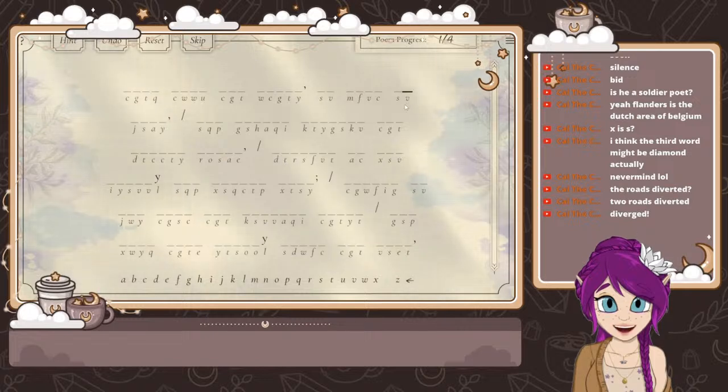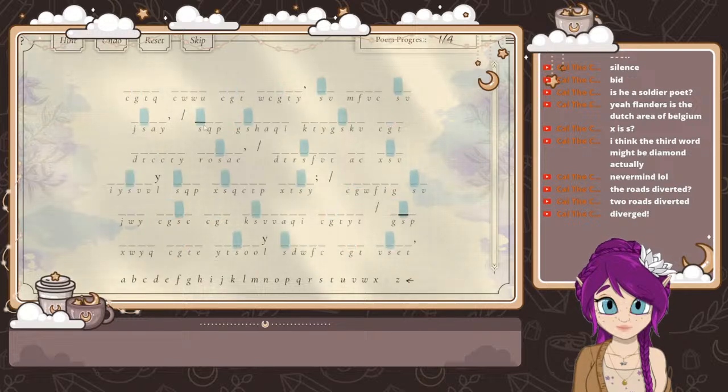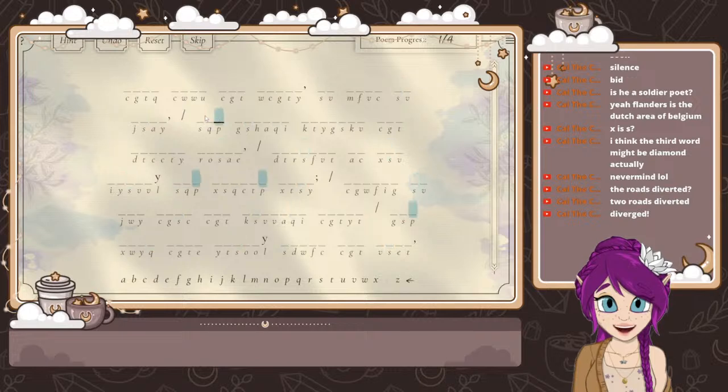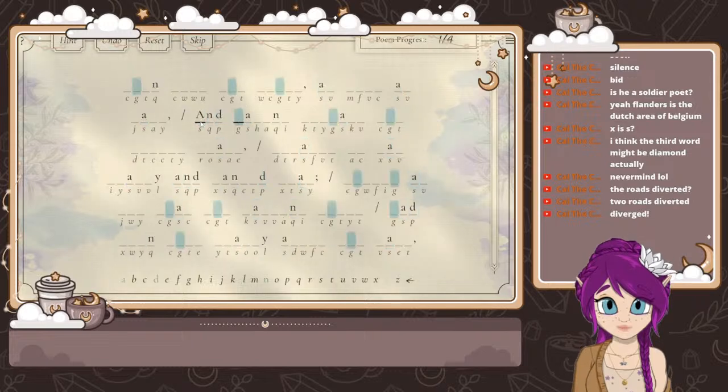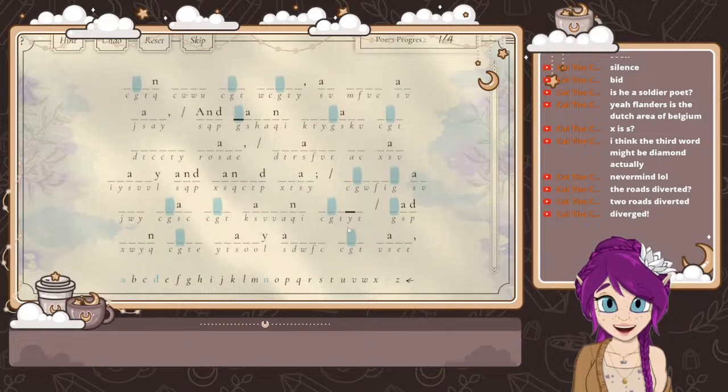Oh my god, they gave us one letter. That's it. I think this one's and, because it repeats twice. Hopefully. And, okay. So we're in the woods. We're traveling.